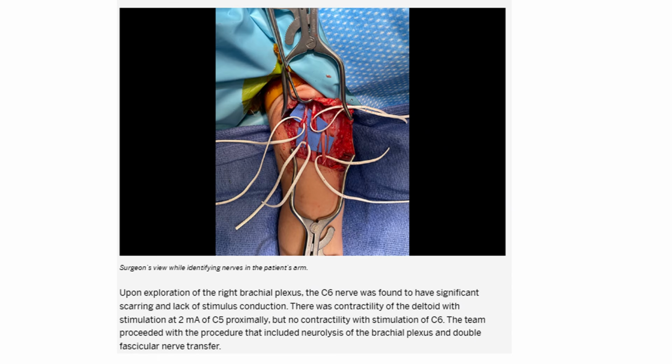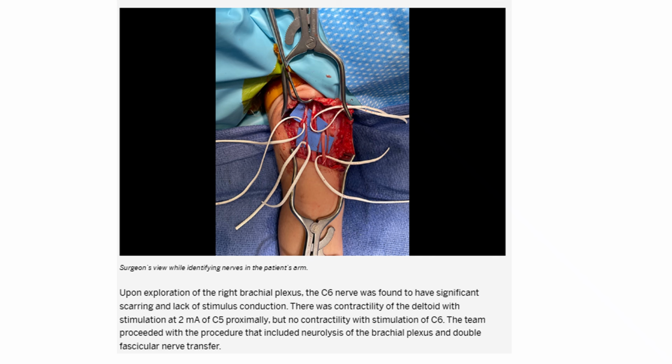Upon exploration of the right brachial plexus, the C6 nerve was found to have significant scarring and lack of stimulus conduction. There was contractility of the deltoid with stimulation at 2 milliamperes of C5 proximally. Okay, so C5 was still contracting, but no contractility with stimulation of C6.